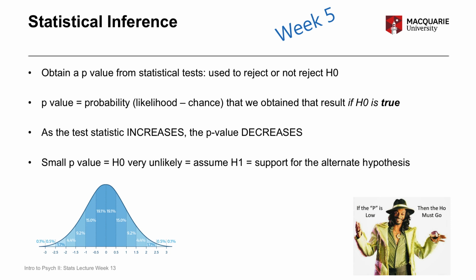And therefore it's more likely that the alternate hypothesis, H1 rather than H0, is true. And therefore we can use that as evidence to support the alternate hypothesis. So that's the principle that we follow when we're running these individual statistical tests. But it is quite an indirect principle. It's one with a lot of steps involved, which is why this is a very imperfect process that we follow.